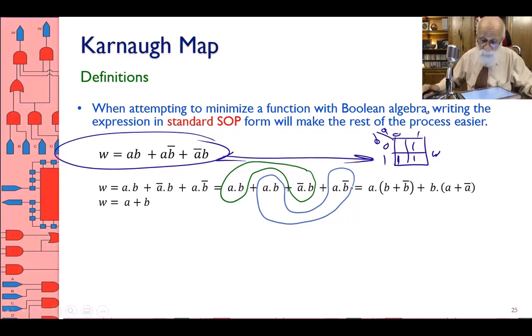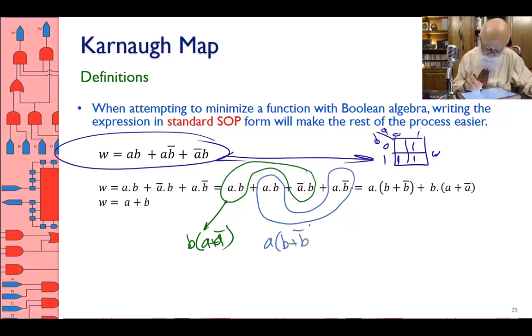So, let's look at this. The first one and the third one: if I factor B out of this, this becomes A or A bar. The second one and the fourth one: if I factor A out of this, this becomes B or B bar.